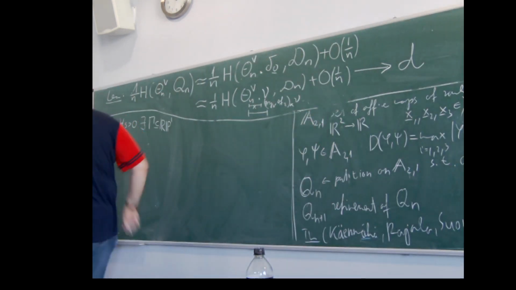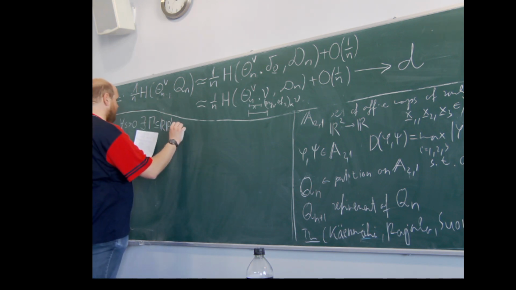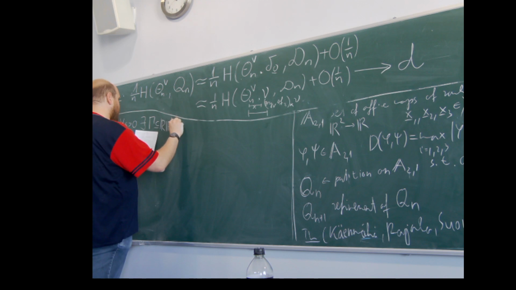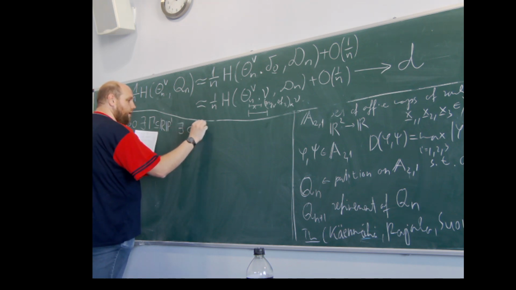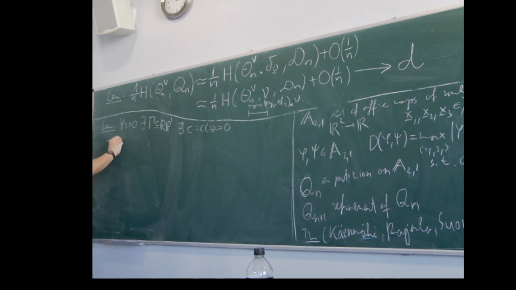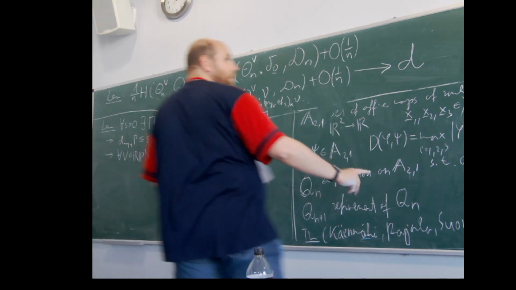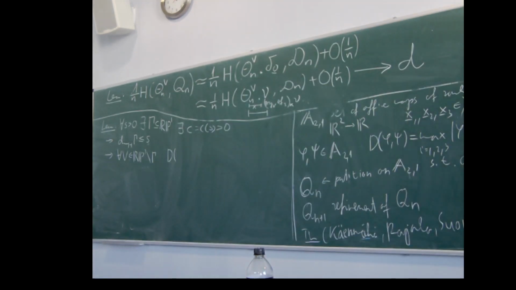So for every s, there exists a set on the projective circle, and there exists a positive constant which depends on s, such that the dimension of this set is as tiny as you want, and for every direction out of this set, we have exponential separation for that kind of guys.